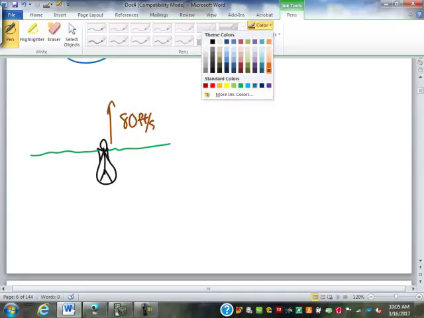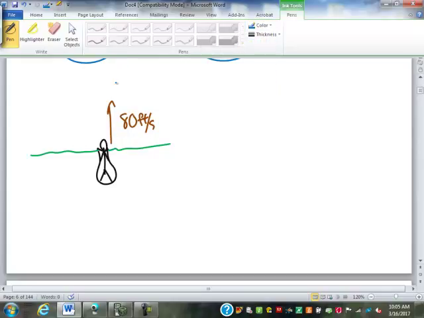Now in physics, the equation that describes the height of an object that's been launched into the air, the height of that object is equal to the initial velocity times time minus 16 times the time squared.